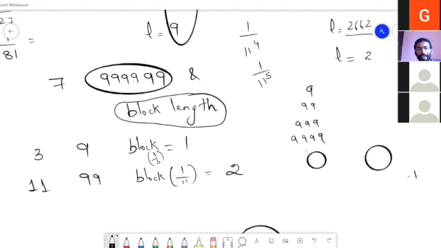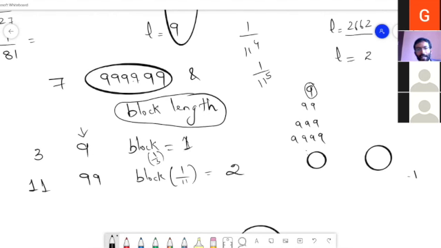Now we will take 3, which is the smallest sequence of 9s, which is a multiple of 3, that is 9, right? I'm writing it here. And then if you look at the length of the repeating block of 1 by 3, it is 1.